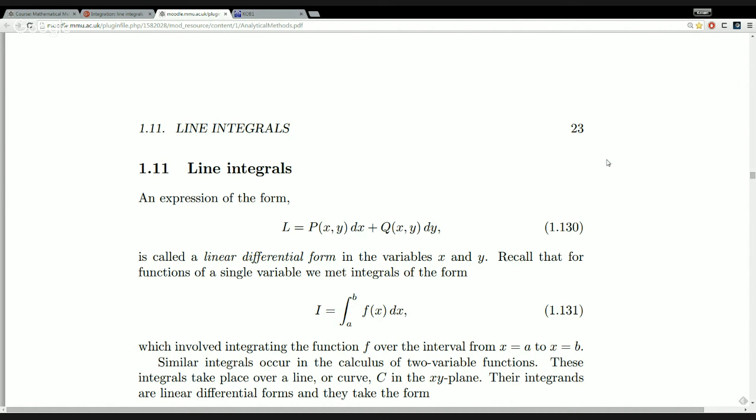But we can integrate over this to get integrals, and when we come to look at them in detail, we'll explain exactly what they mean. But this would look something like a double integral, because we're integrating across a two-dimensional region R, integrating f of x, y, and typically we have something like dx dy.